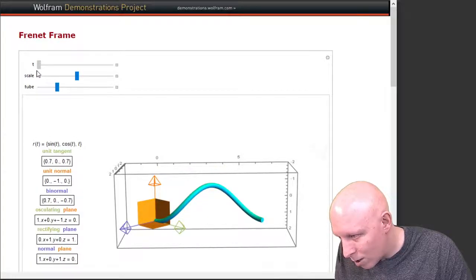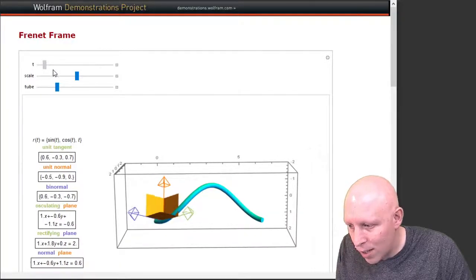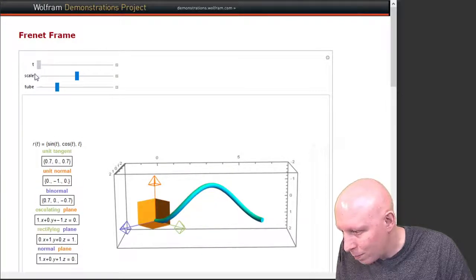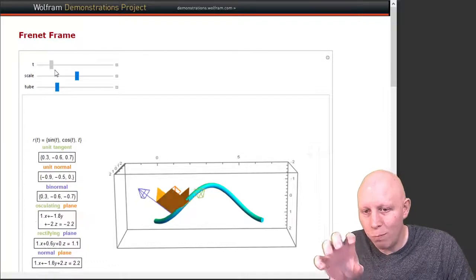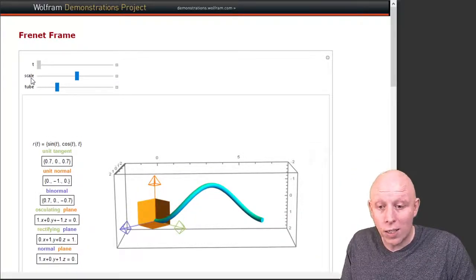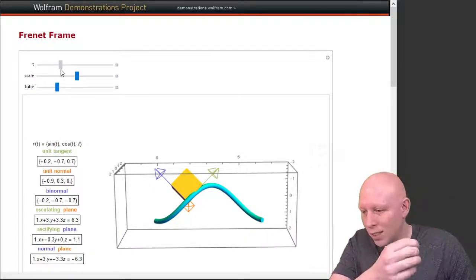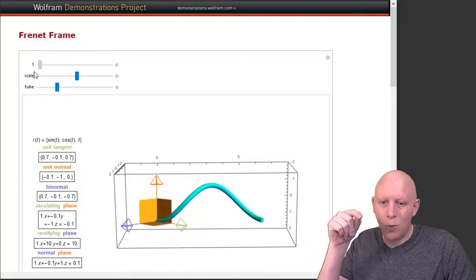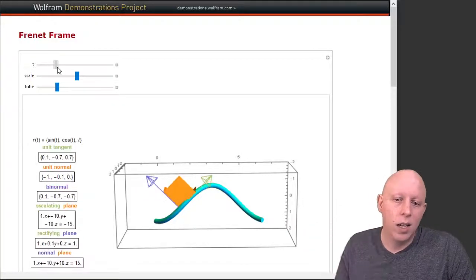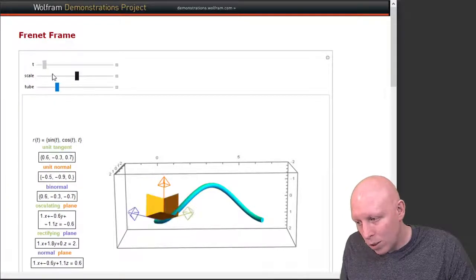As this curve turns, the orange vector says how the tangent vector is changing. This green vector starts out pointing towards us and then ends up pointing up in that direction. So the rate of change is pointing inward towards the center of the helix. So that's the green vector and the orange vector.